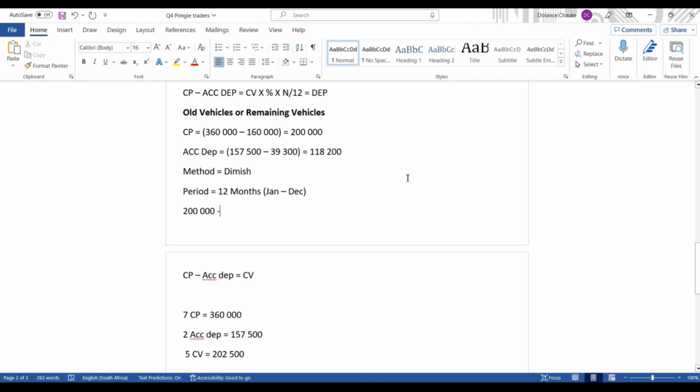So we're going to say cost price 200,000 minus our new accumulated depreciation, after minusing the accumulated depreciation for the disposed, 118,200, and then we will get the carrying value. How much is the carrying value? Then from there we proceed with the method.